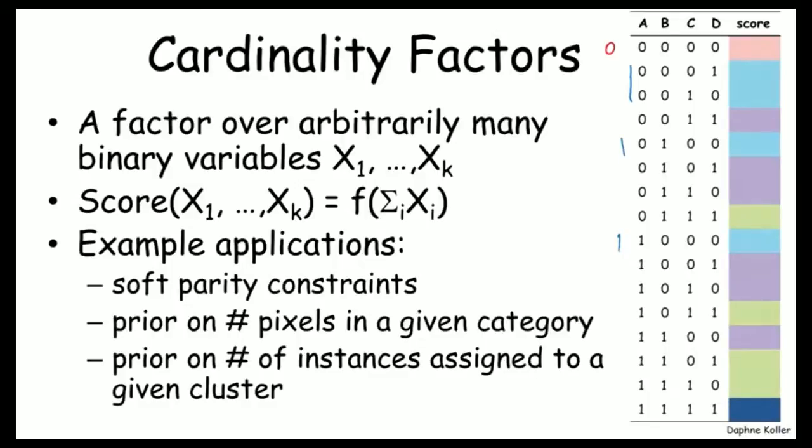This is potentially a factor over all pixels in the image, but it only counts the total number of pixels. And so, again, turns out to be efficient. And there's many other examples as well.